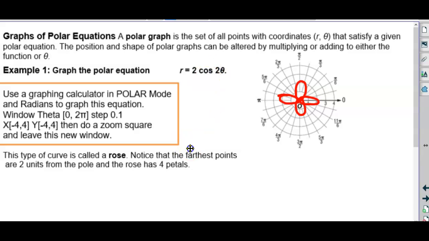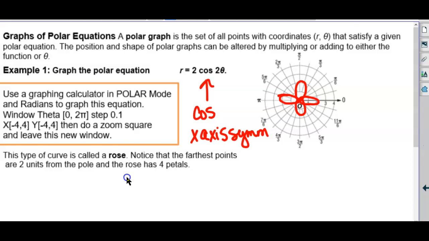You don't have to memorize that. I don't even have it memorized. But eventually we will talk about symmetry. This one happens to be symmetric with both the x and the y. Generally, anything with a cosine is going to have x-axis symmetry. That should sound familiar. Cosine goes with x.